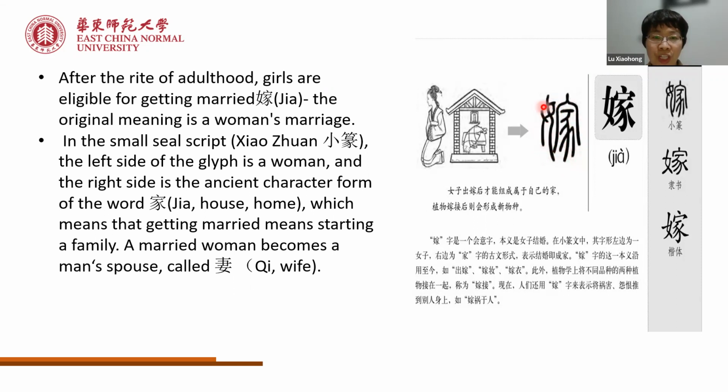A married woman becomes a man's spouse. It's called 妻. So this married woman has now become a wife, 妻.